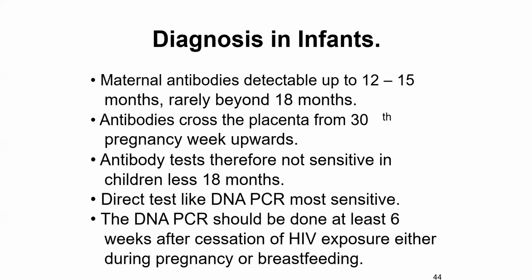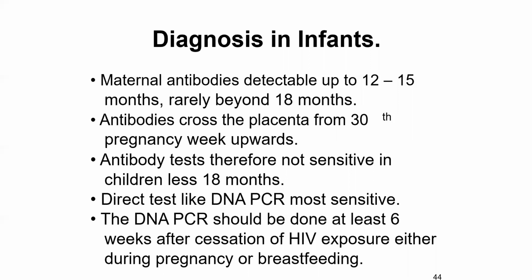If the mother is HIV positive, it means the mother's antibodies will also cross into the baby. Remember the first slide, where I was discussing mother to child: not all mothers who are HIV positive pass the virus to their child. But the antibodies always cross from the mother to the child.